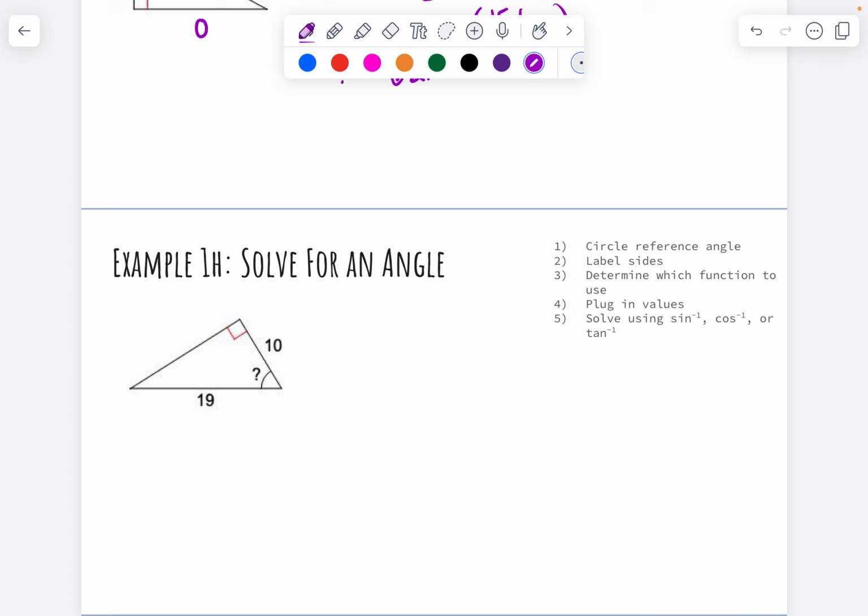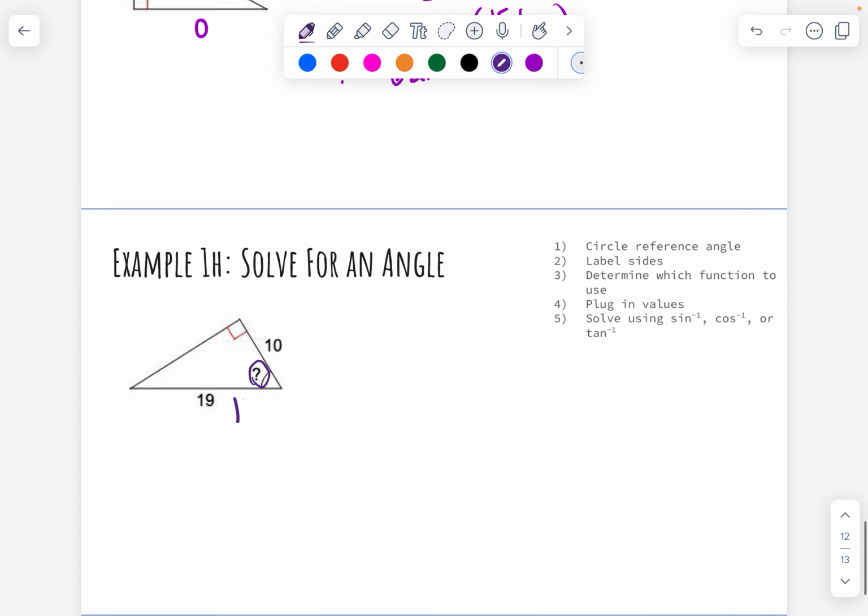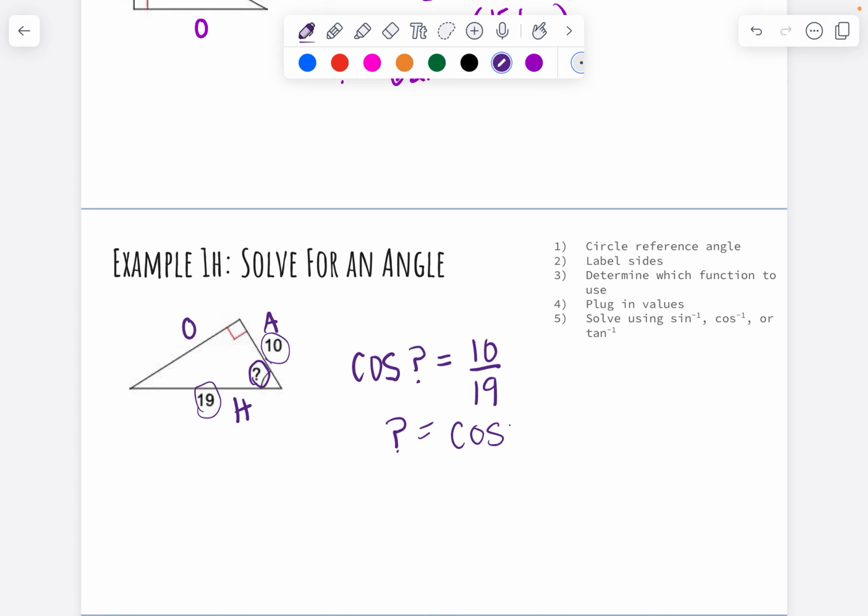Finally, one more here. Here's our reference angle, hypotenuse, opposite, and adjacent. So we have hypotenuse and adjacent, which means we're using cosine again. So cosine of question mark is 10/19, which means question mark then would be inverse cosine of 10/19.